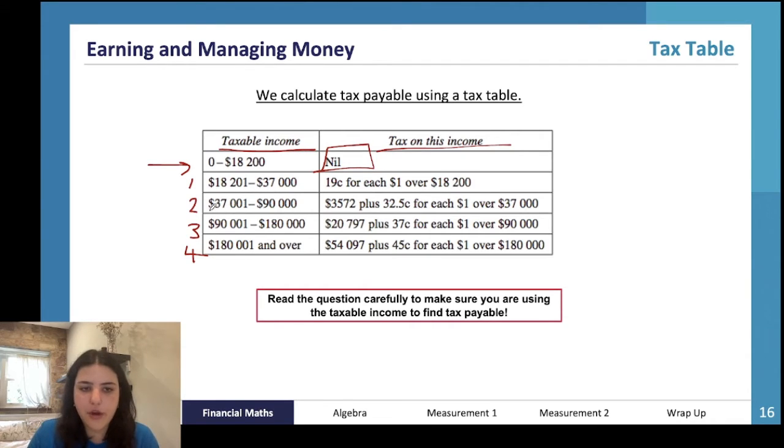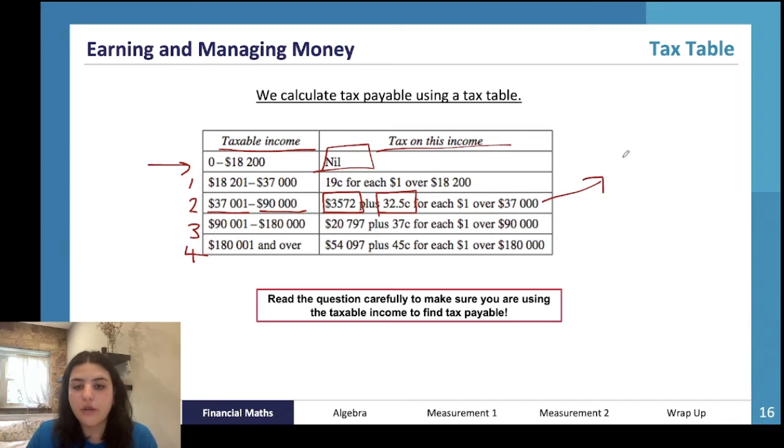So for somebody who earns between $37,001 and $90,000, or rather has that taxable income, their tax is $3,572 plus 32.5 cents for every dollar that they earn over 37,000.